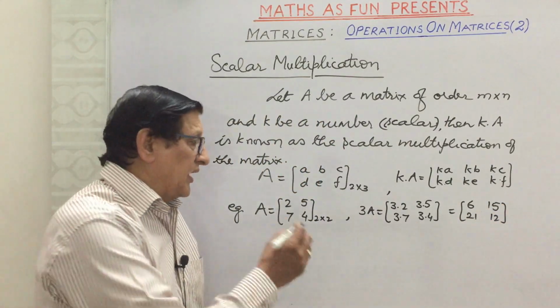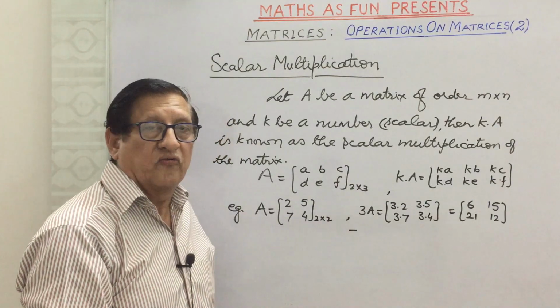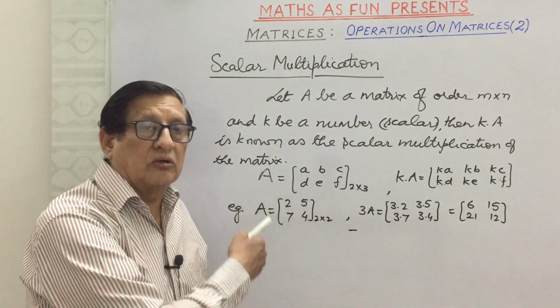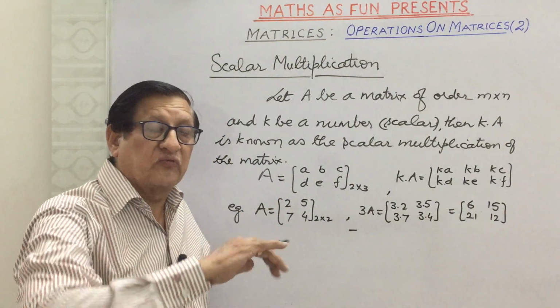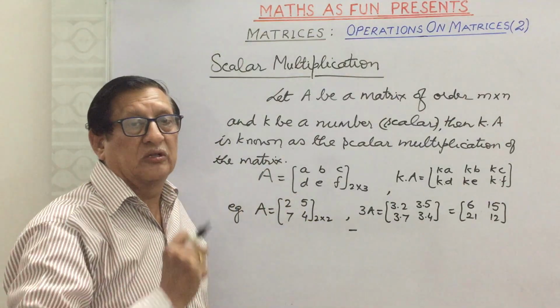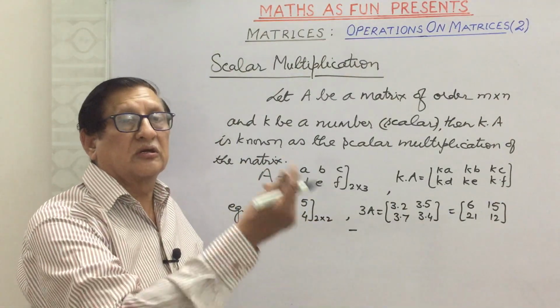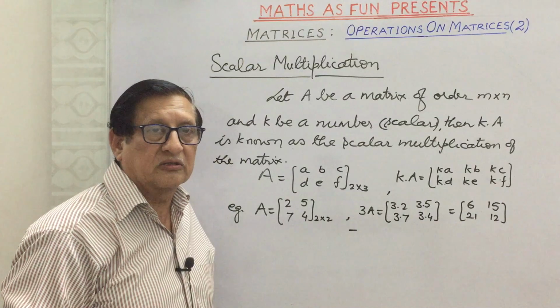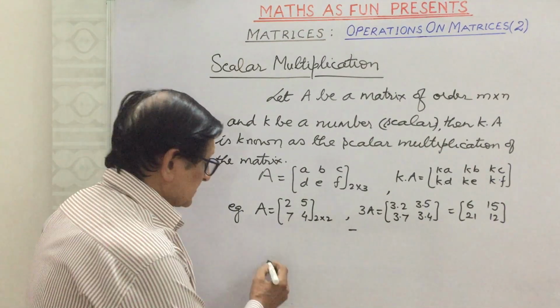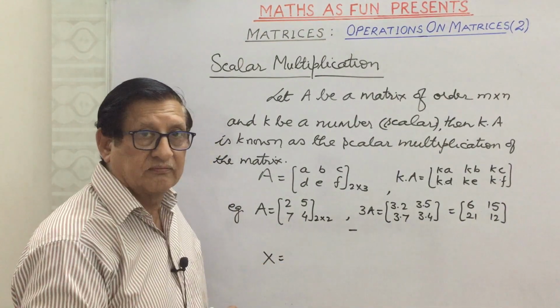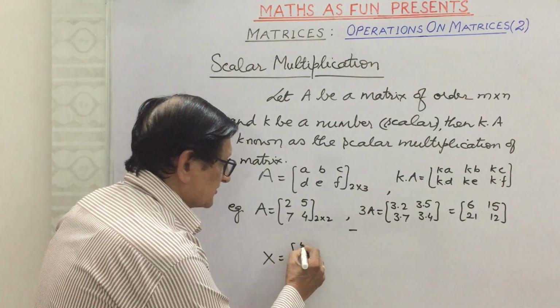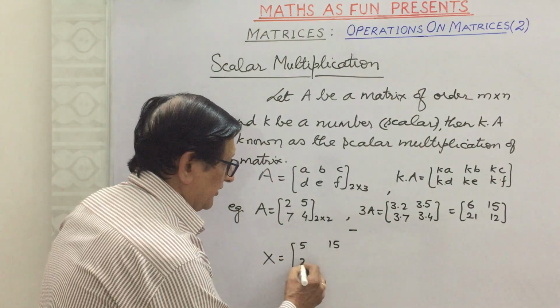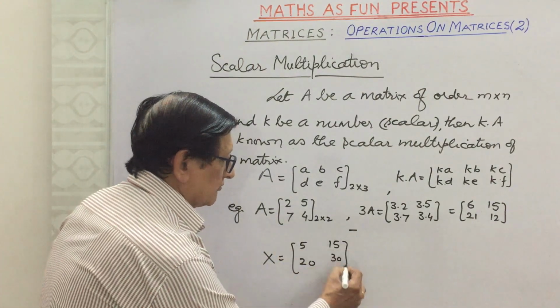We can also apply the same property for dividing the elements of a matrix. It means if we are getting anything common from all the elements, that can be taken out from that particular matrix. For example, suppose we have a matrix X and the elements in this are 5, 15, 20, 30.